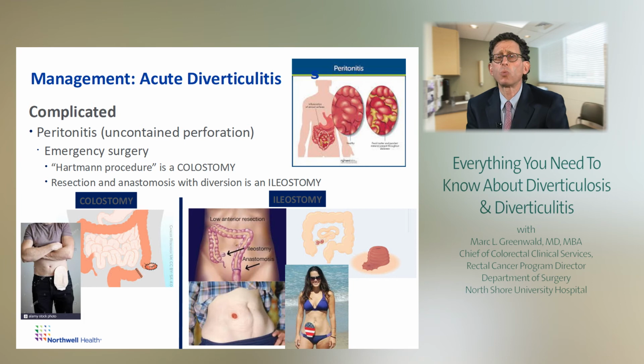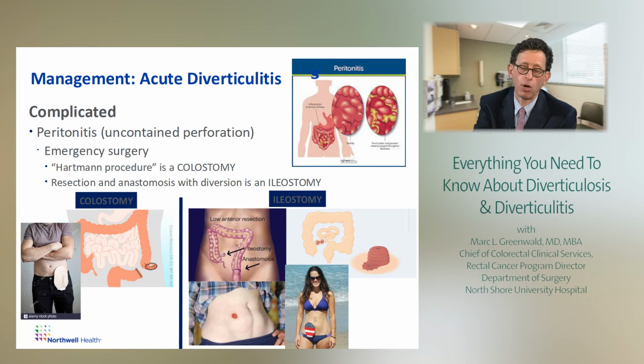And one of the reasons why that operation, that second surgery to get rid of a colostomy is bigger, is because we have to make sure that all of that sigmoid colon, we spoke about the sigmoid colon earlier, that is that loopy part of the colon where the diverticulosis and diverticulitis occurs. We have to make sure that all of that is removed, especially the part that's down by the rectum.